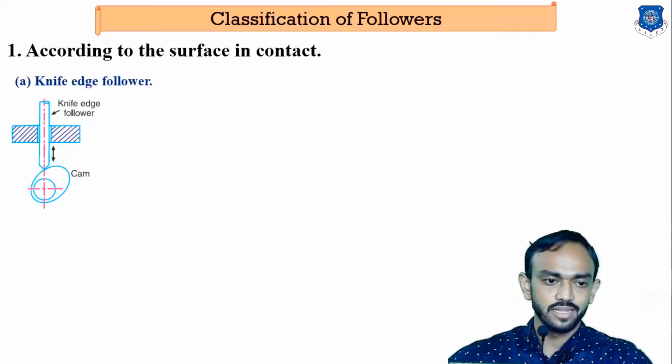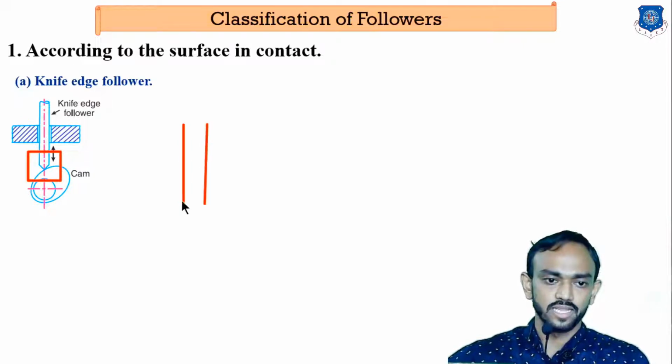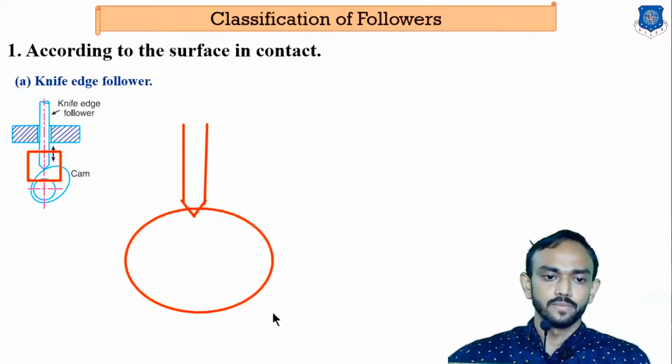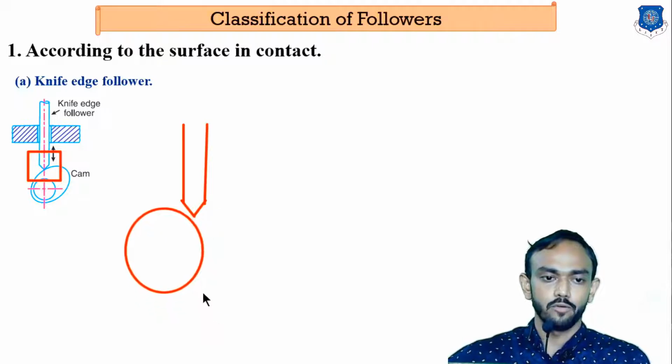You can see here that in the knife edge the surface is totally sharp, which is why it is known as a knife edge follower. At the end of the follower there is a pointed surface, and there is a point contact between the CAM and follower.